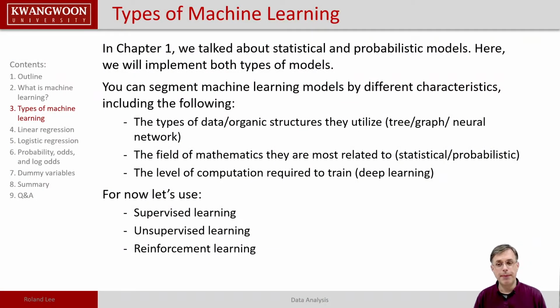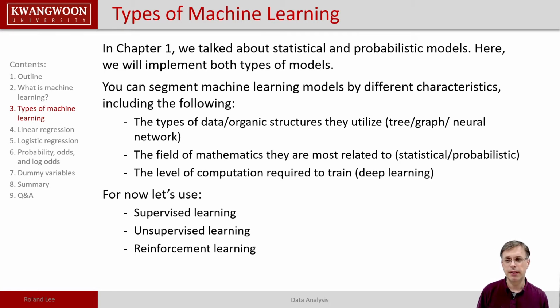Let's talk about the types of machine learning. So, again, back to chapter 1, right? We talked about statistical and probabilistic models. These models utilize statistics and probability, which we also went through during the previous chapters, in order to find relationships between data and make predictions.